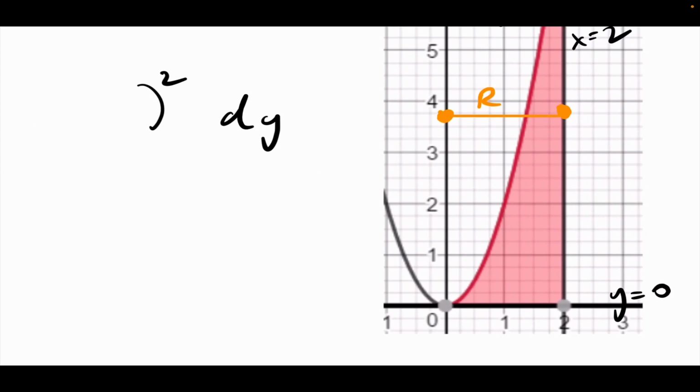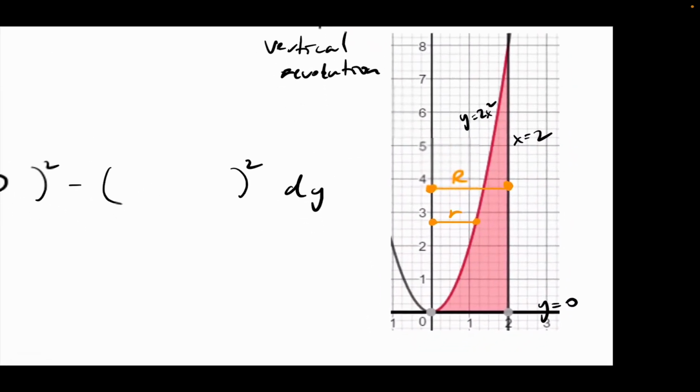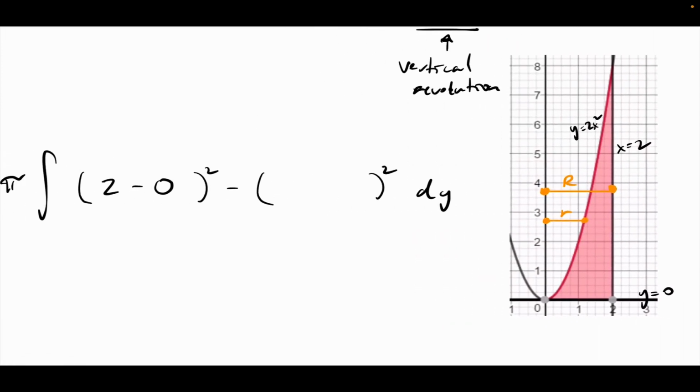Now lowercase r starts on the left side of the shaded part and goes to the axis of revolution. So that one goes from y equals 2x squared to x equals 0. We know the 0 part.